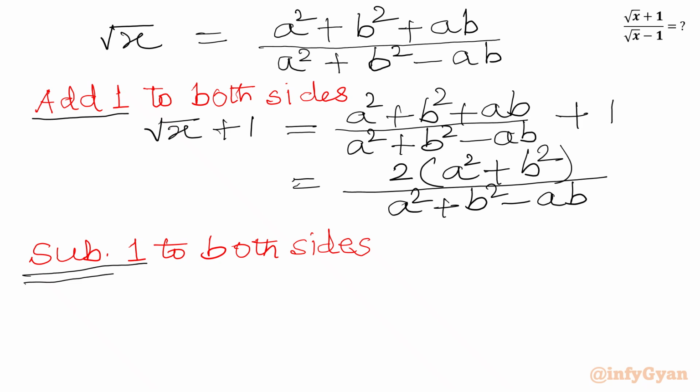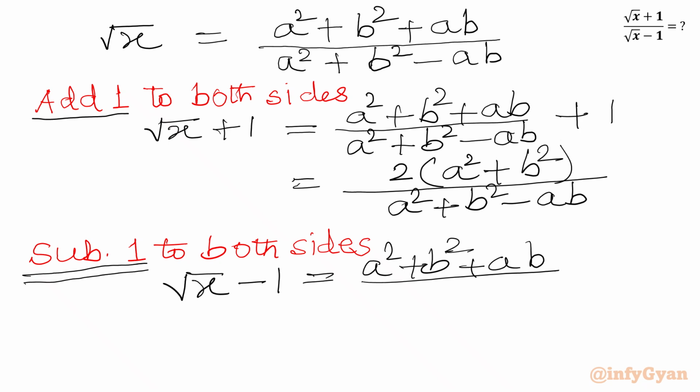Now we will subtract 1 to both sides. We will get square root x minus 1. This will be equal to a square plus b square plus ab over a square plus b square minus ab, minus 1.